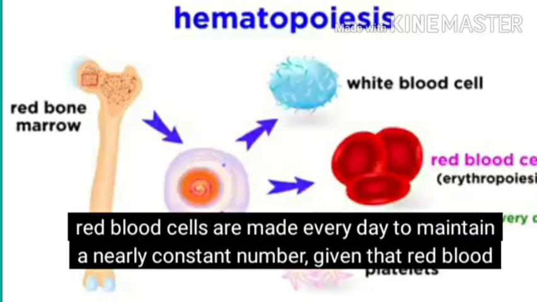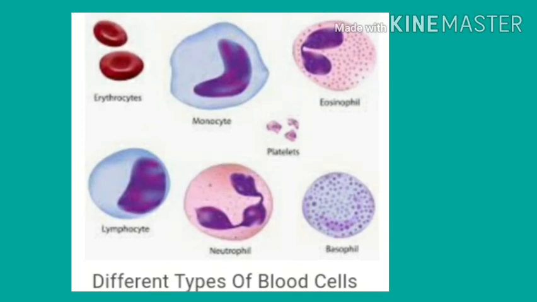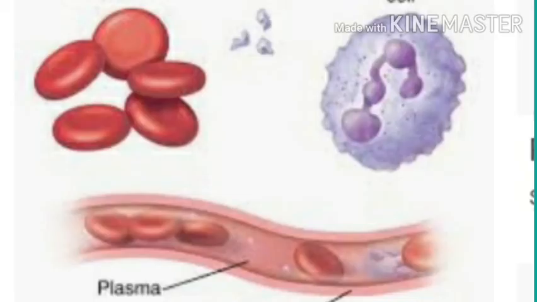The formation of leukocytes occurs in bone marrow, lymph nodes, thymus and spleen, etc. WBCs play an important role in the body's defense mechanism.